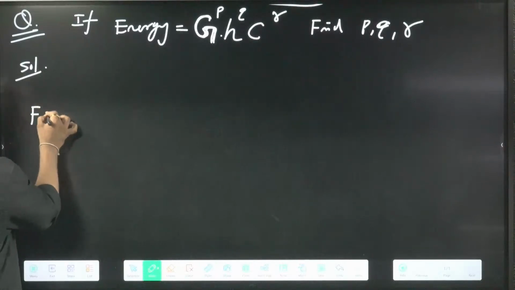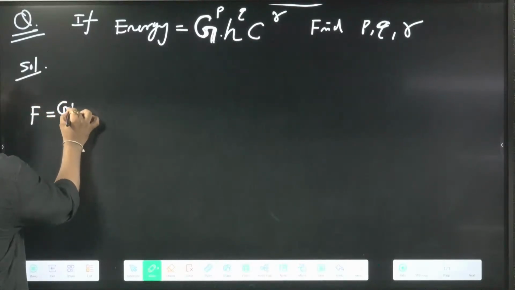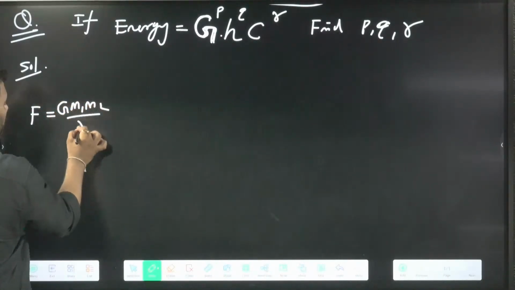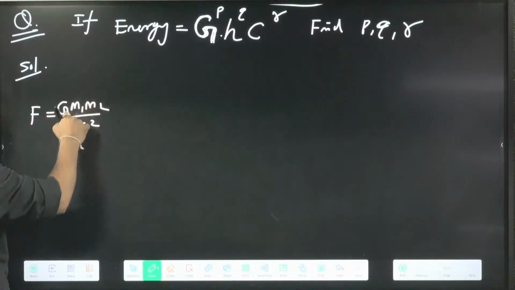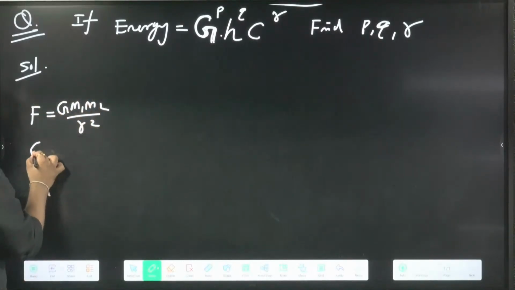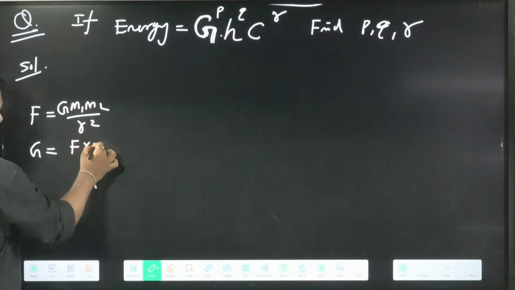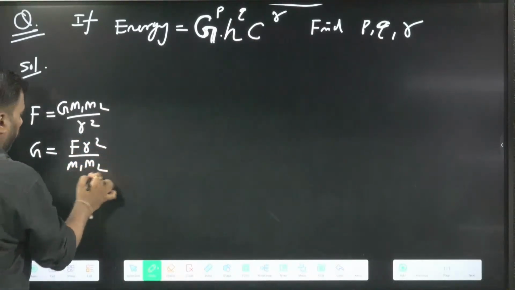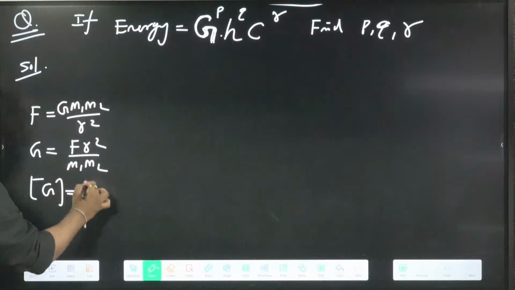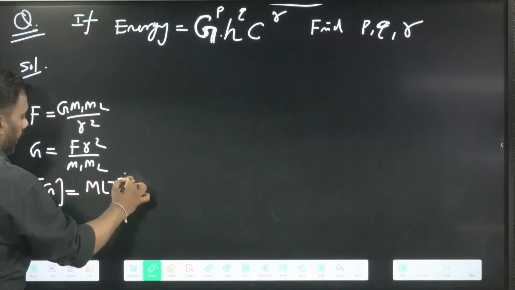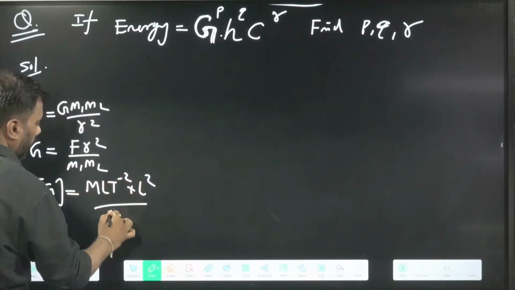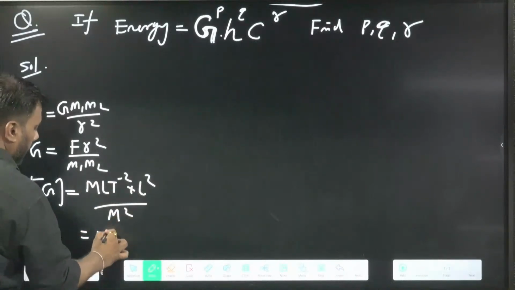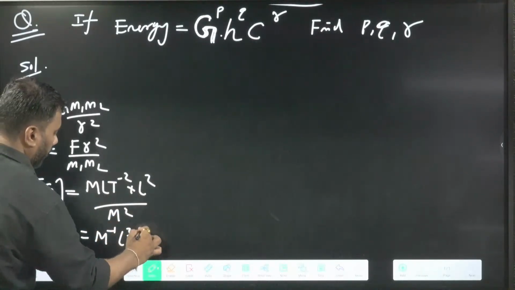G is used in the formula F equal to G m1 m2 by r square. If you don't remember any dimension, derive it. So the dimensions of G will be the dimensions of F r square upon m1 m2. The dimensions of F are M L T minus 2, into r square, divided by mass square. So this is M power minus 1 L cube T power minus 2.